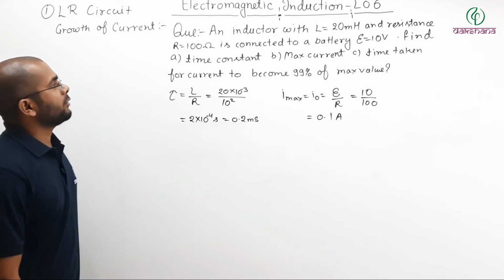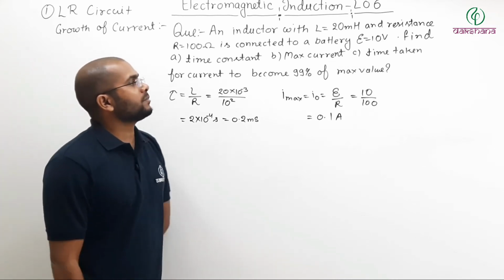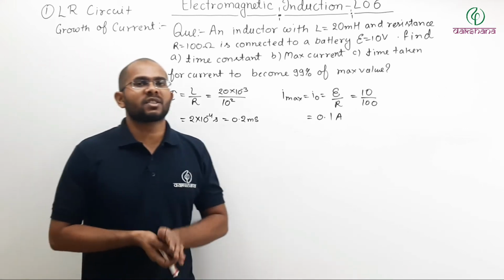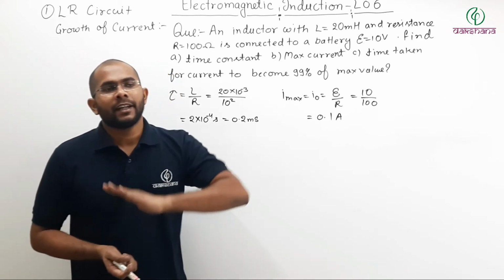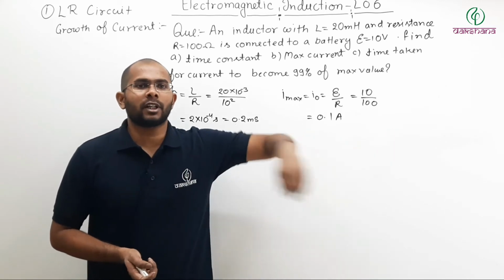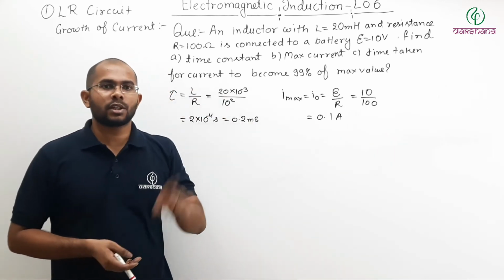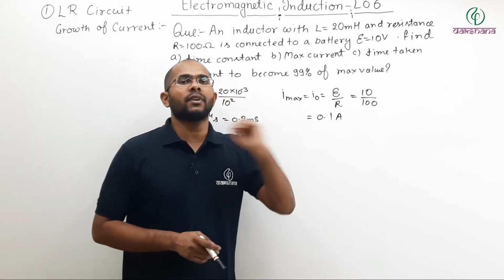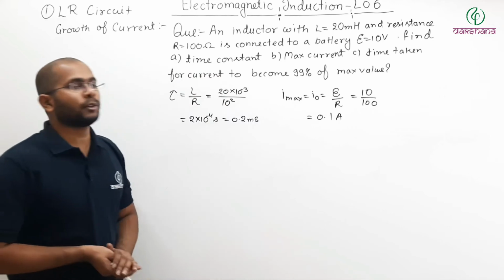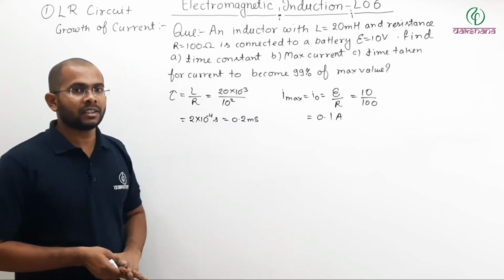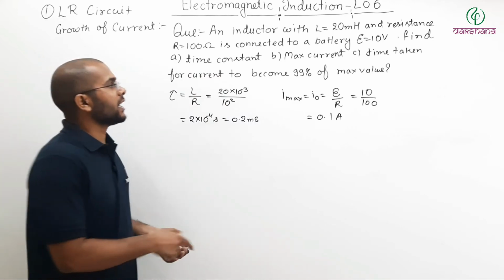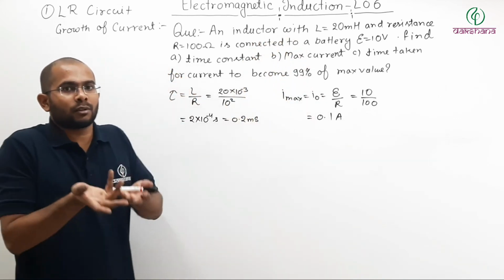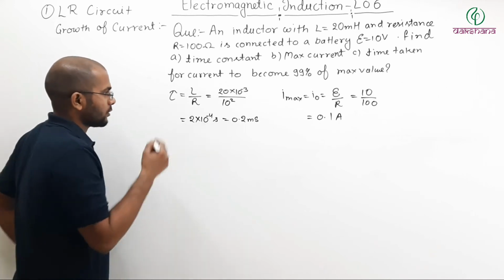The time taken for current to become 99% of maximum value. Now remember, theoretically speaking, it would take infinite time for current to become maximum, because e to the power minus infinity, remember? So it will take infinite amount of time for current to become maximum. But how much time it would take for current to become 99% of maximum value, which is very close to 100%. So let us calculate.